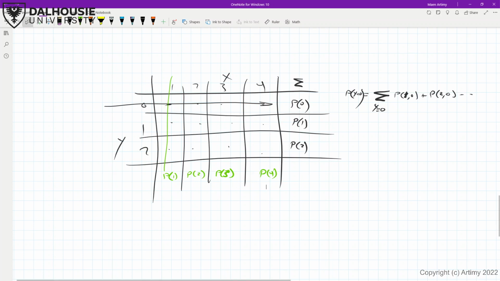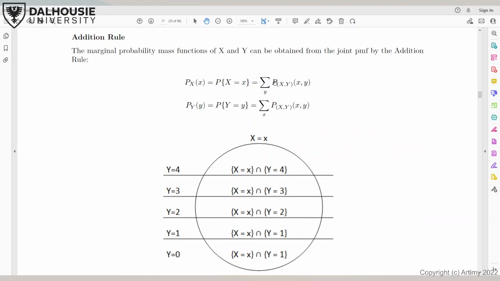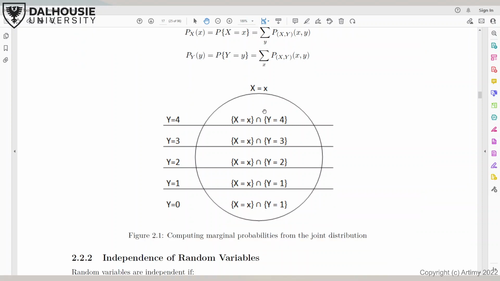So now I separated the two values, and you can see here the P and the subscript is capital X. So P_X alone will be the sum of all the joint probabilities here with a fixed y, and so as the other side.